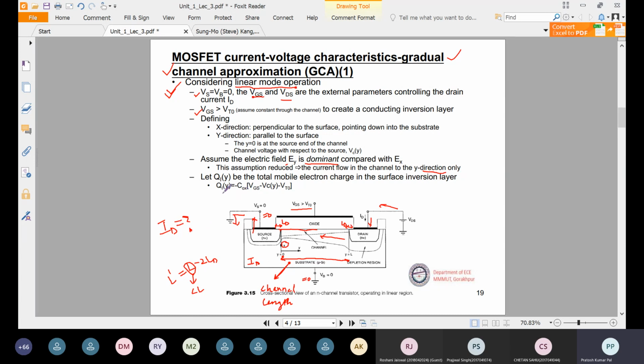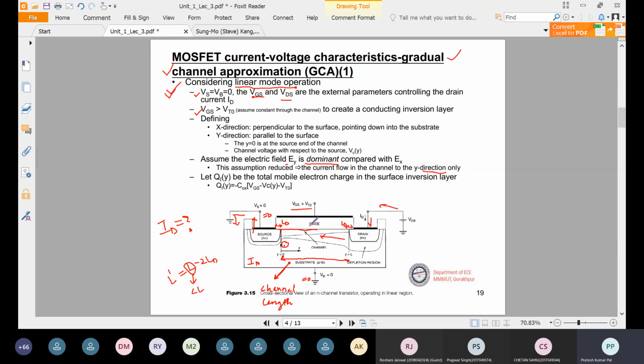Here we will find out what the charge is inside this channel, or you can say the inversion region. That charge will be minus. We have considered it minus because it is of opposite nature: there are negatively charged ions, electrons, so it is considered negative.